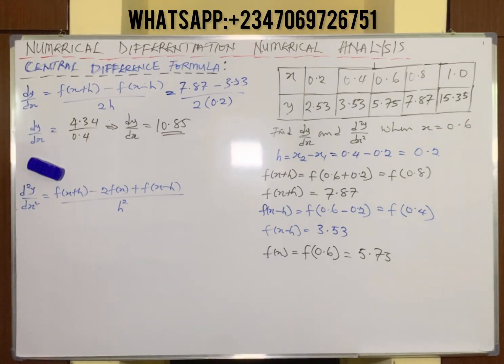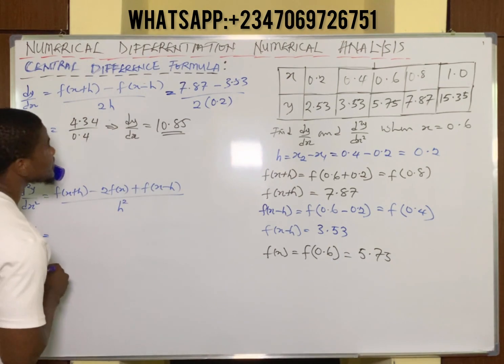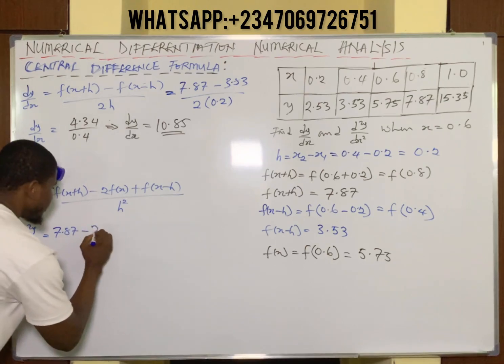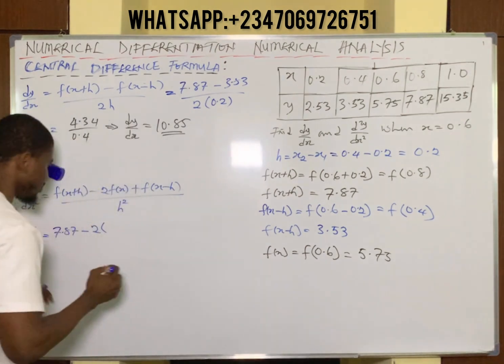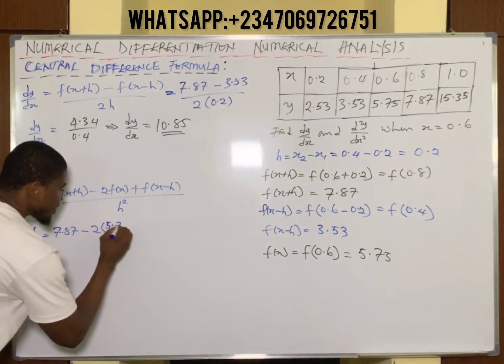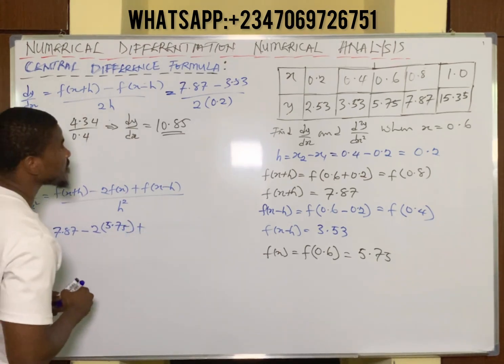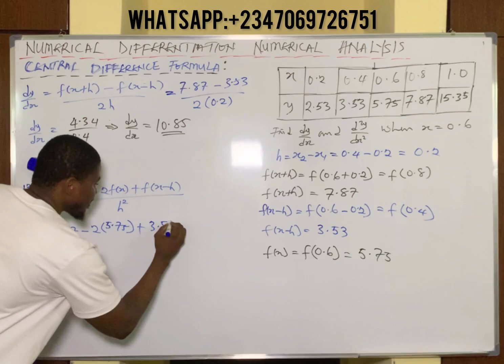Now you plug all the values into the second derivative formula. So you're going to have d squared y over dx squared to be equal to f of x plus h, we have that here, that is 7.87, minus 2 f of x, and f of x itself is 5.75, so minus 2 into 5.75, plus f of x minus h, which gave us 3.53, so plus 3.53.